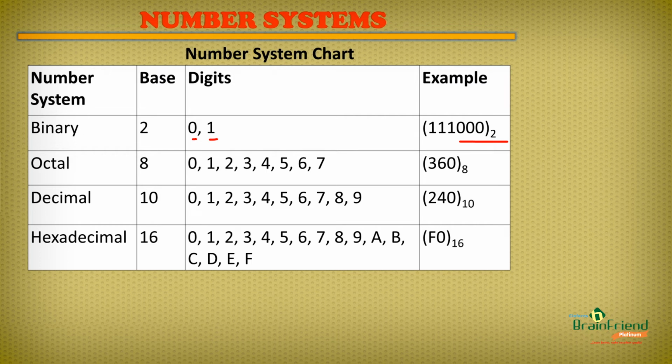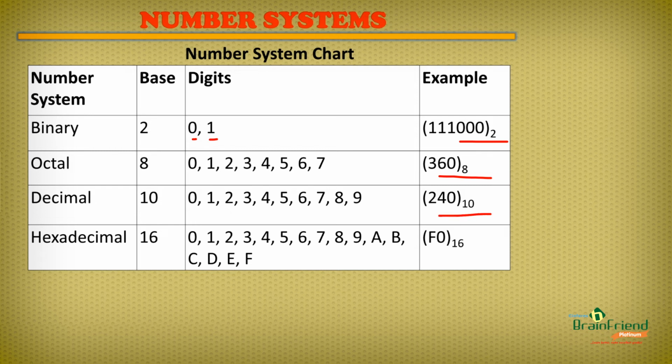An example of a number in base 8 is this. Now, the decimal number system, which is the common number system we use in our day-to-day activities, which is also known as the base 10, starting from 0 to 9. An example of a number in base 10 is this.